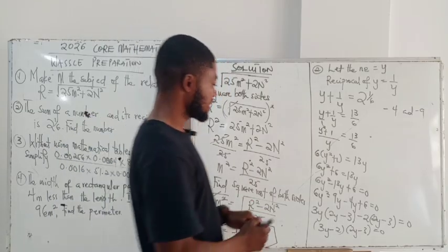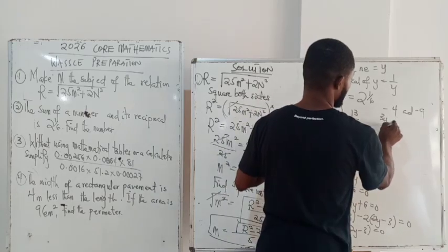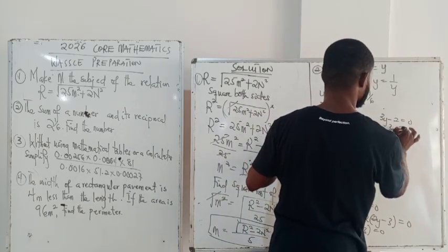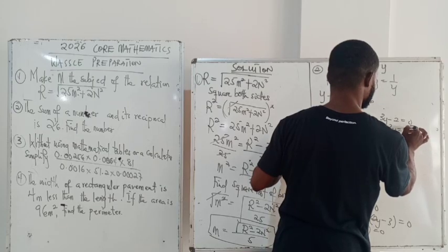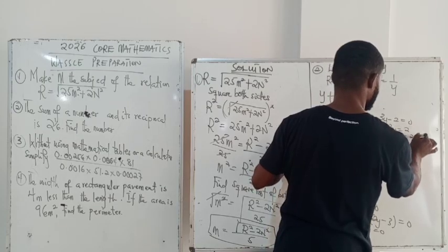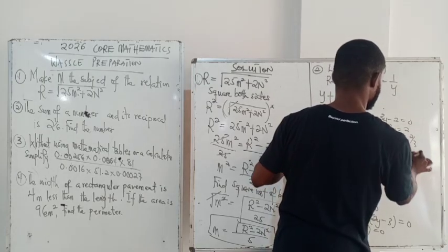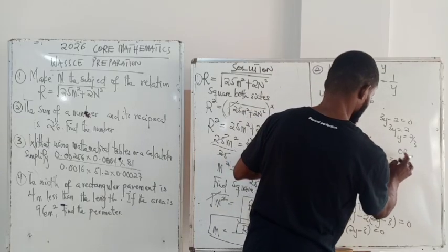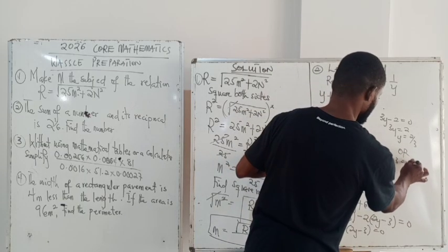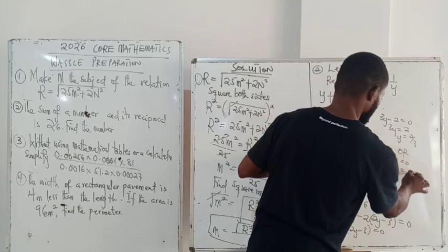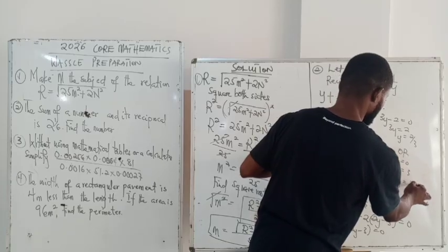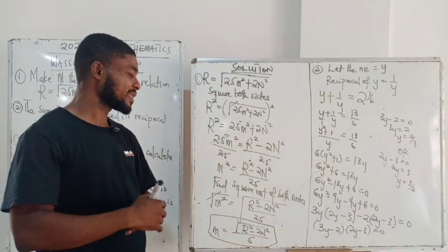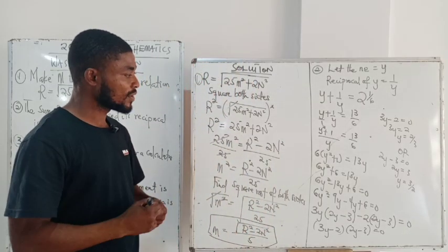I take the first part. So I have y is equal to 2 over 3 or y is equal to 3 over 2.